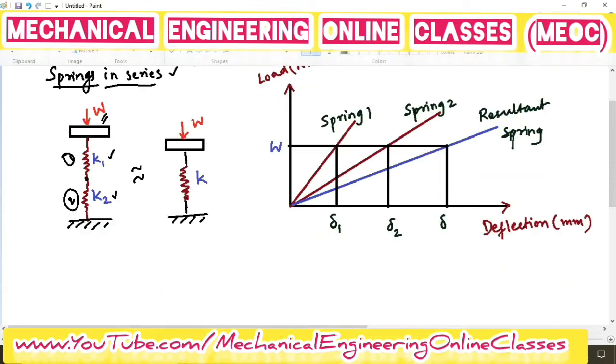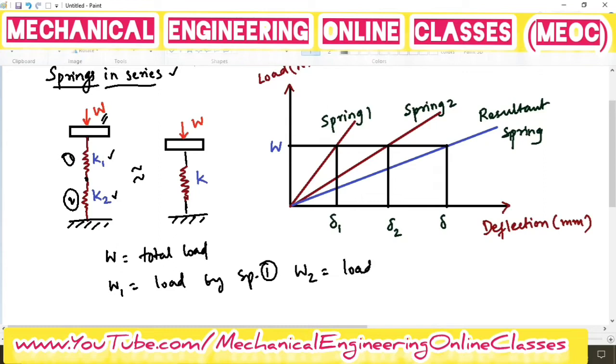Let us assume that W is the total load acting on the springs, and let me assume that W1 is the load shared by spring 1 and W2 is the load shared by spring 2, and K1 and K2 are the stiffnesses of springs 1 and 2 respectively.